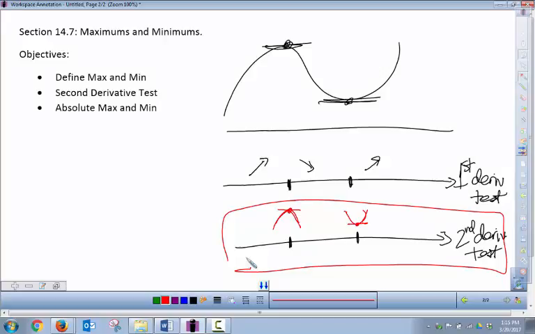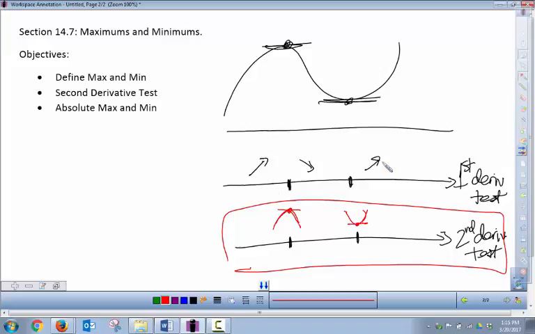Setting the second derivative equal to zero finds you the point at which it's shifting from concave up to concave down, or vice versa. You can find places where the graph changes concavities. But the first derivative test just goes from left to right, and then you try to see what the graph might look like, and then you could tell.